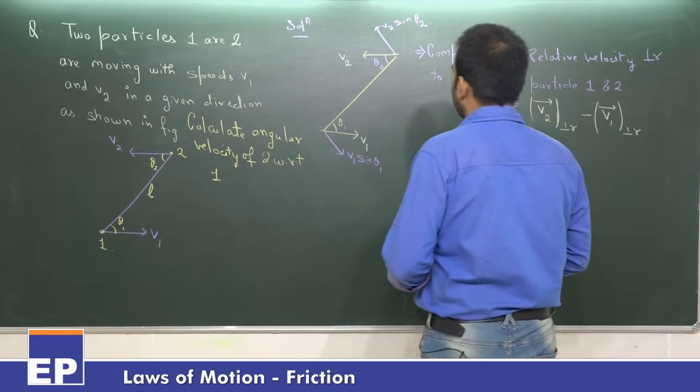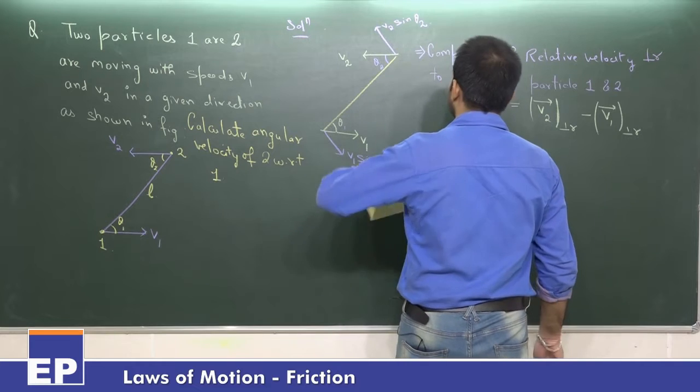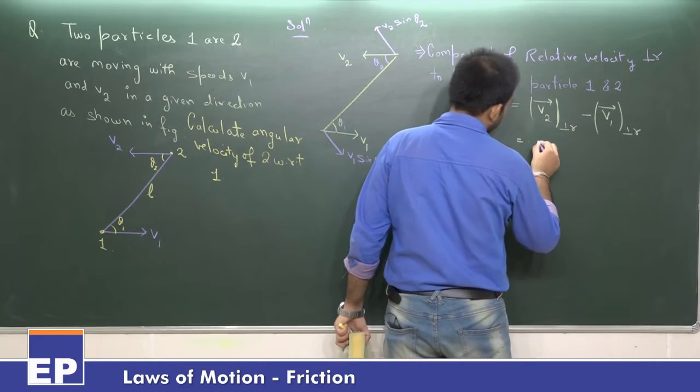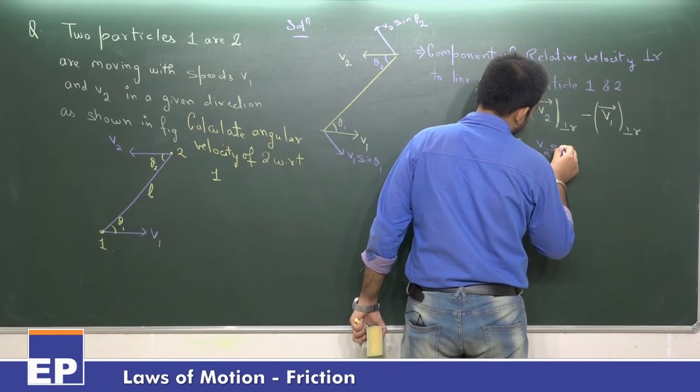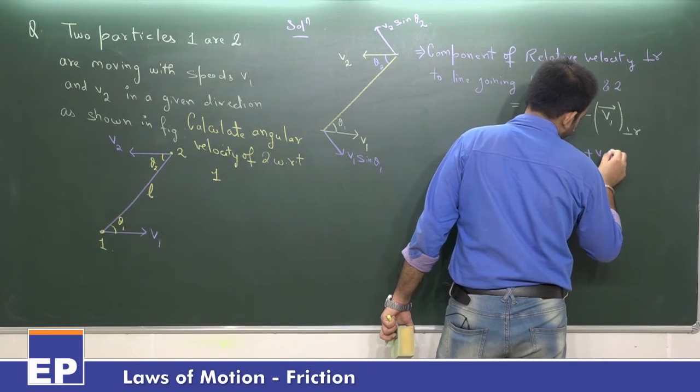In this direction if we take components, both will add. It will become v2 sin theta 2 plus v1 sin theta 1.